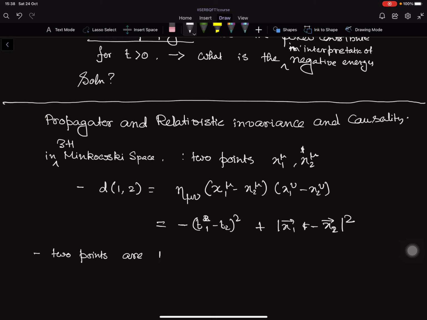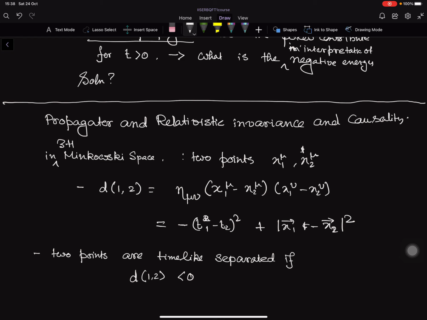Two points are time-like separated if this interval is less than 0.